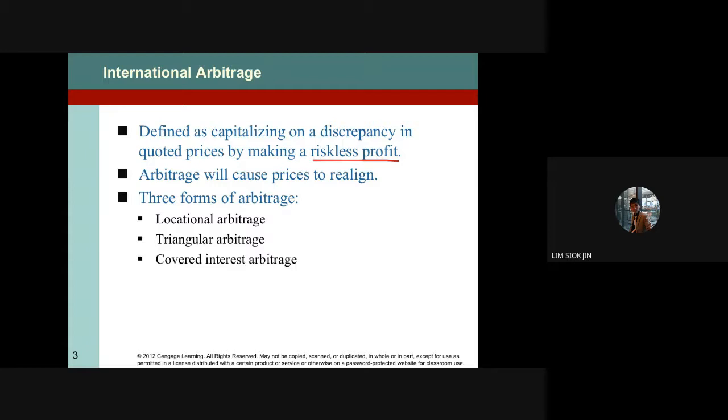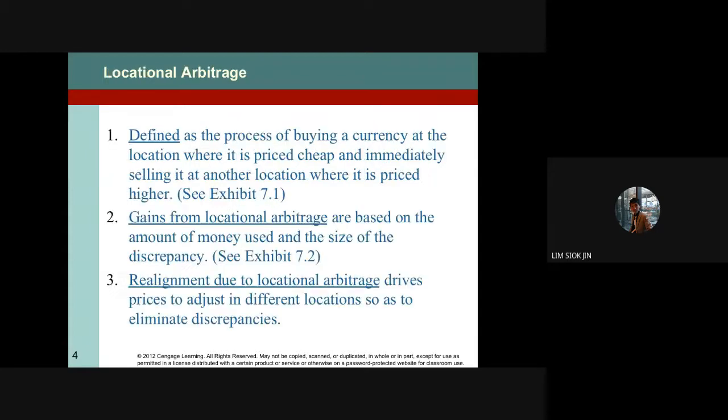All right. So what forms of arbitrage might take place? You will notice there will be locational arbitrage, triangular arbitrage, and covered interest arbitrage. So we'll see what this means. What is locational arbitrage basically? The definition is when you buy currency at one location where it is cheap and you sell it at another location where it is more expensive.